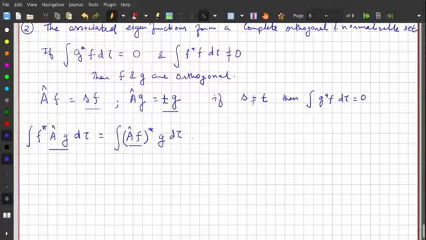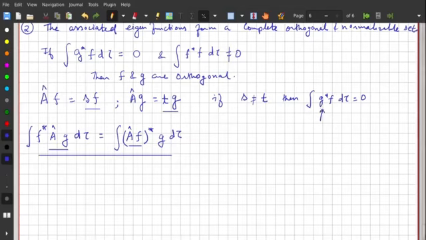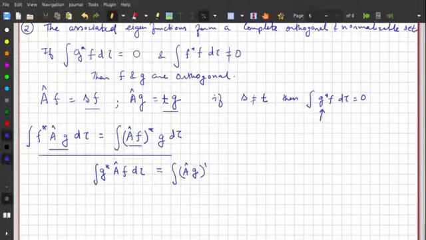Let's rewrite this in a different form, because what we want to show here is g star, not f star. So it will just slightly change the way we write the Hermitian operator definition. It's one and the same, so that will be the integral of g star A f d tau is equal to the integral of A hat g whole star f d tau.